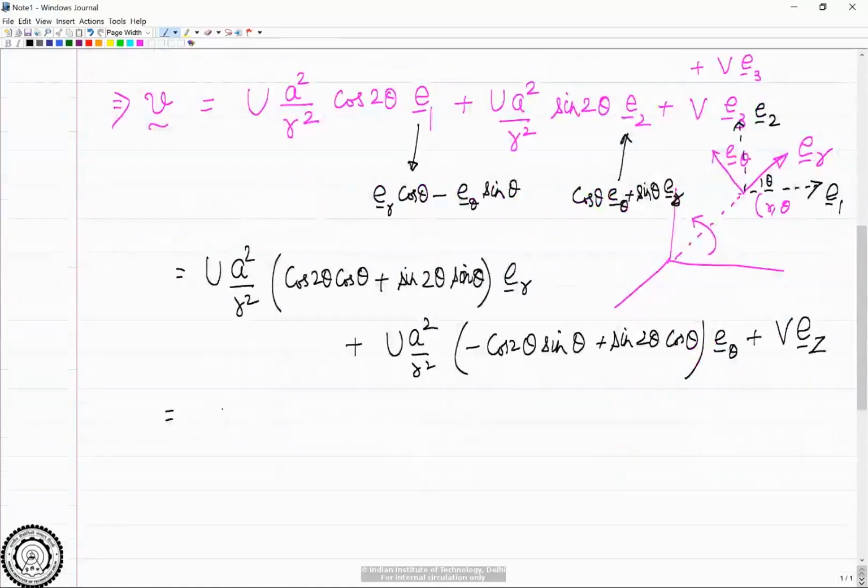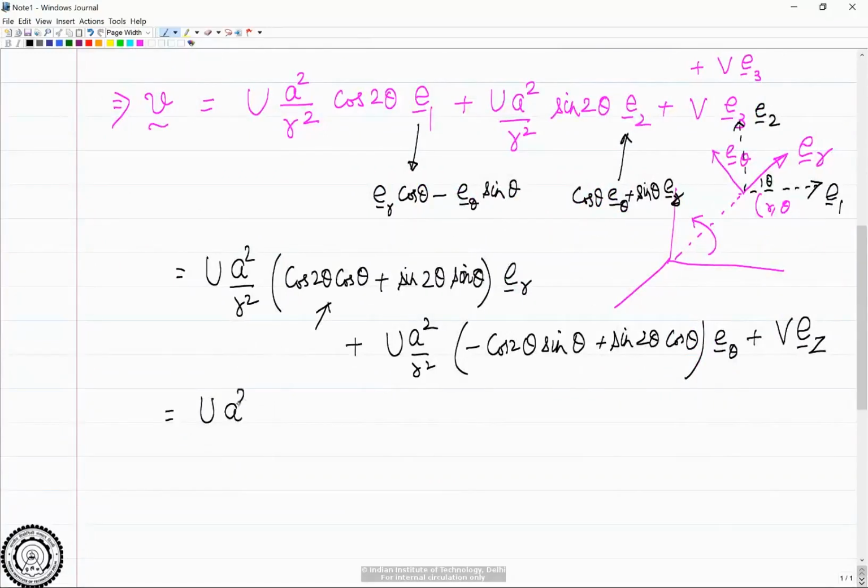Okay, and then you can see within the first bracket, that's cos A cos B plus sin A sin B. No, sorry, so that's cos theta actually. I'm sorry.